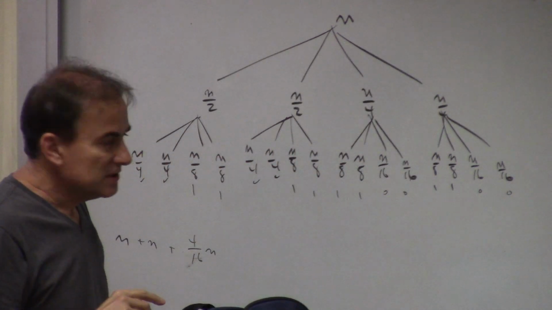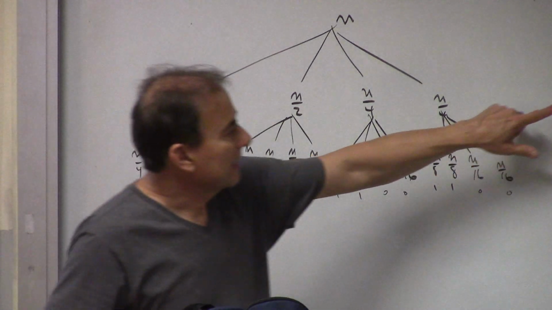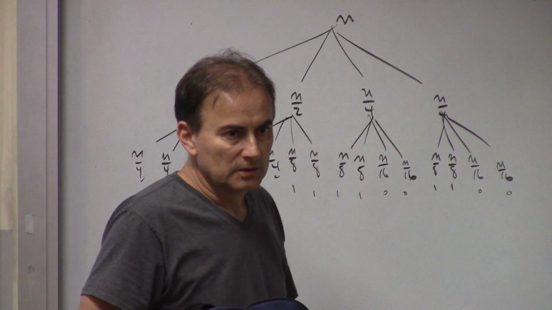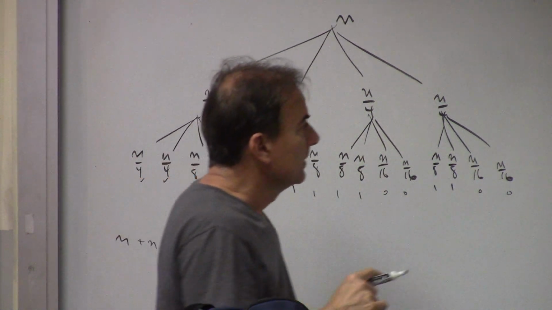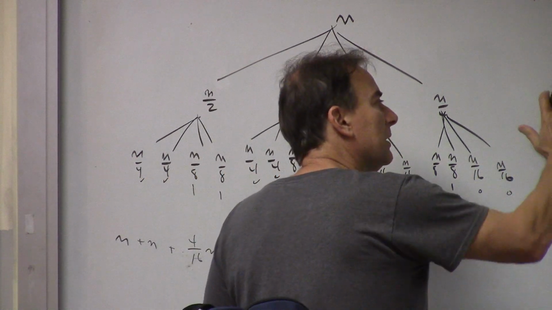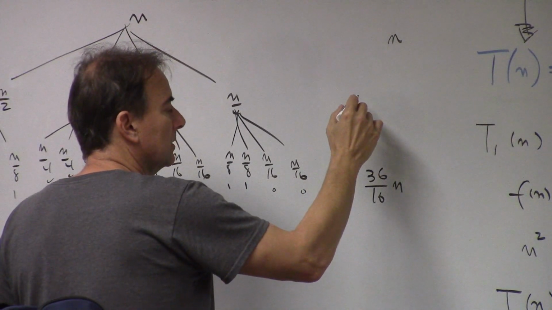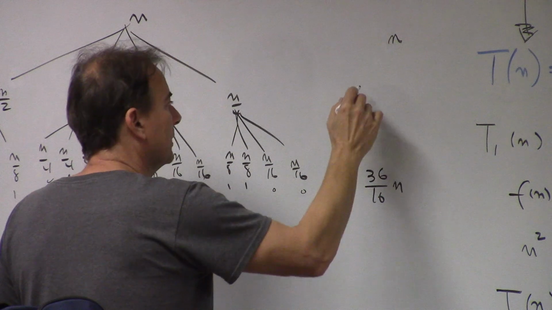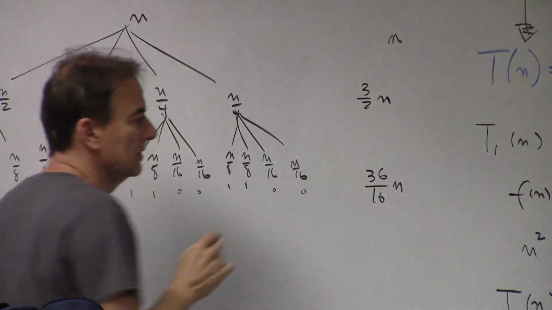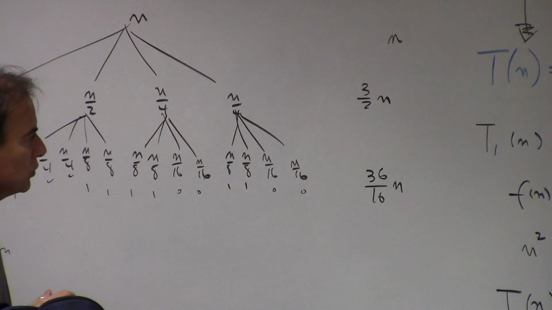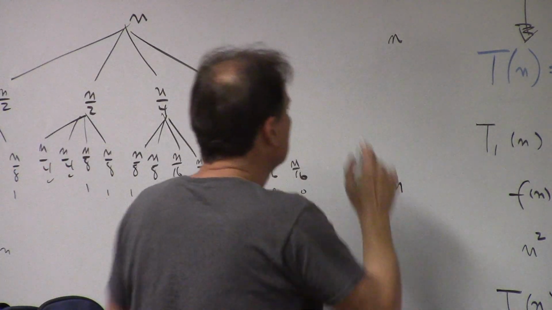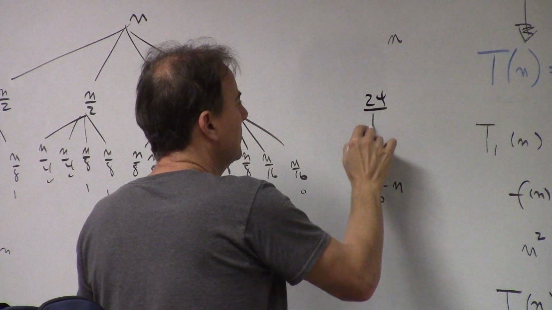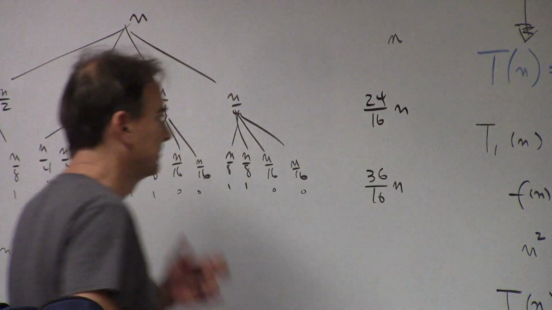Okay, so now to see if there's a pattern, we might want to go back here and put this also into 16ths. So we have 1.5n, so in terms of 16ths, that would be what? We have 3 over 2 n, right? So that would be 24 over 16 n.